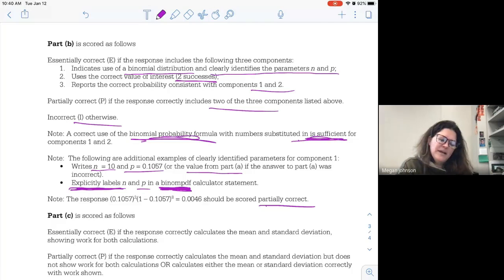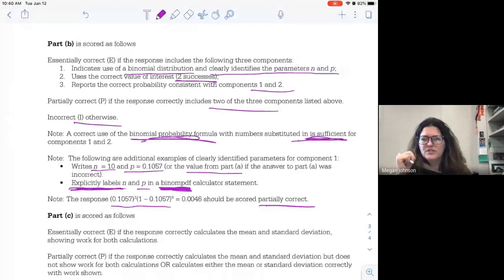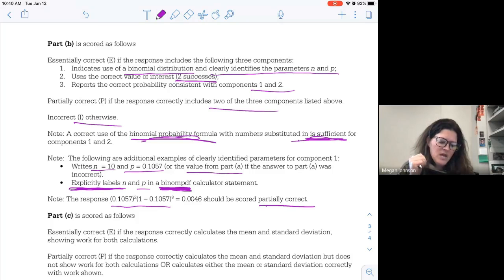This is the binomial formula without the combinations in front, without the binomial coefficient, they call it. That would get a P. If you dropped the binomial coefficient off, you're not incorrect on the other pieces, but dropping it would get a P.